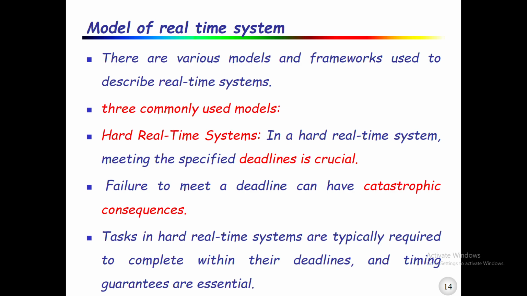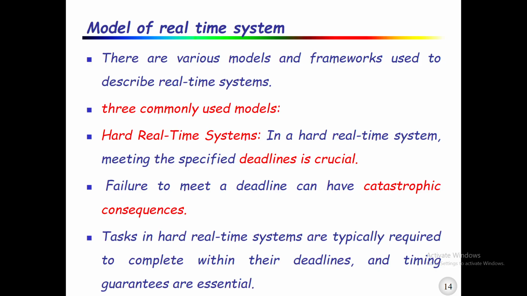The first one is hard real-time systems. In a hard real-time system, meeting specific deadlines is crucial. Failure to meet these deadlines can have catastrophic consequences, or we might have serious problems if deadlines are missed.